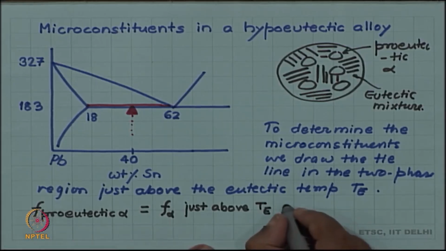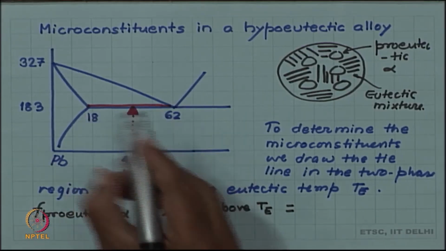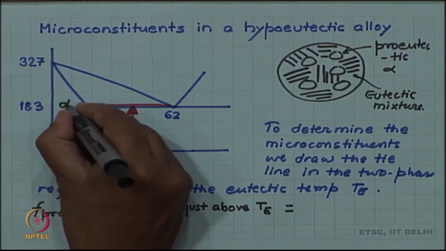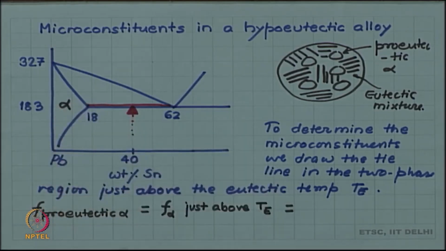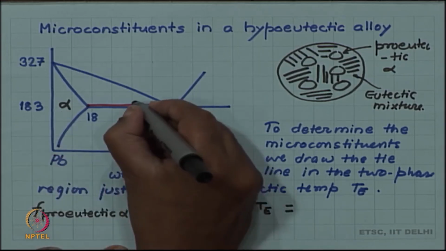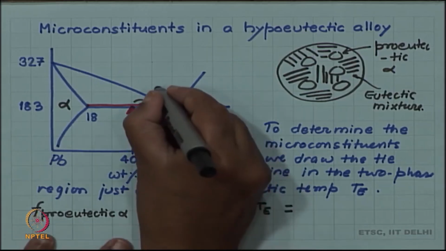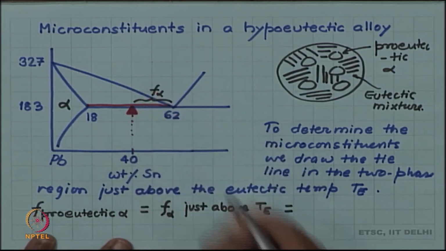So, we have drawn our tie line just above T. So, this fraction, alpha just above T, remember this is the alpha phase which is on the left hand side of the lever. So, the right hand arm of the lever will represent the fraction of alpha.